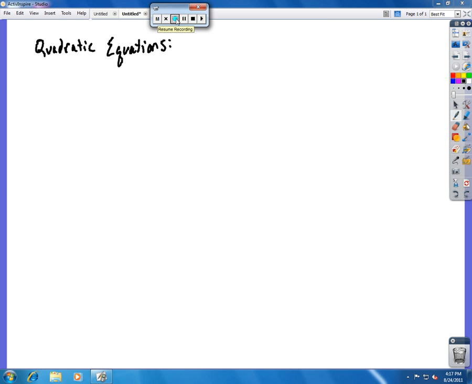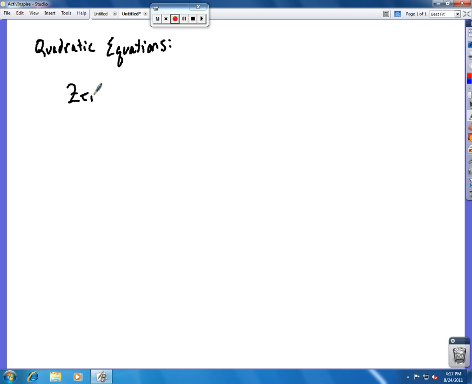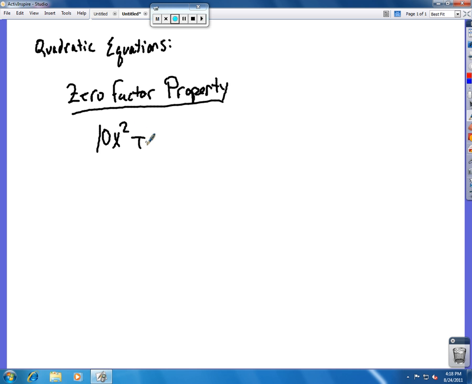Okay, let's move on to an example of solving by the zero factor property. So this is your zero factor property. Let's do something like this.